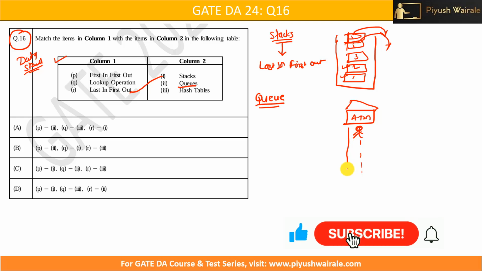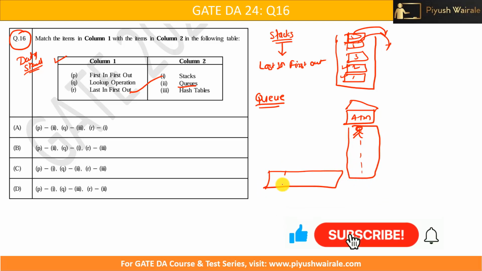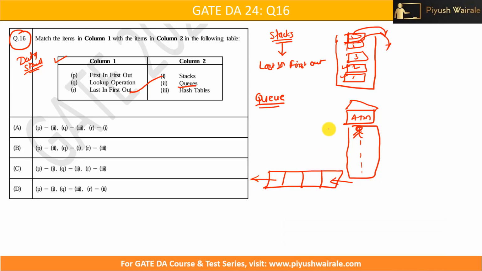If you observe this, this is basically an array. The person who enters the array first will be able to take the cash out. So this is basically the first in, first out principle. We are entering the element from the rear end.